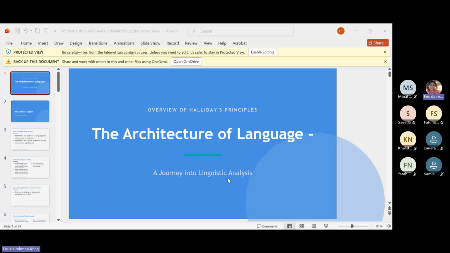Any spoken or written language, Halliday called text an instance of language. It can be in any medium, and by medium we mean spoken, written, any sound, because sounds can be meaningful. For instance, when we say, oh, ah, all these expressions, they might not have a meaning in the dictionary, but they are expressed within a context, so they become a text.